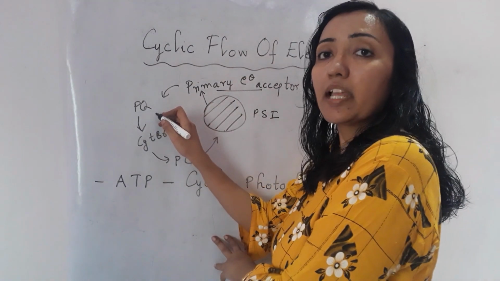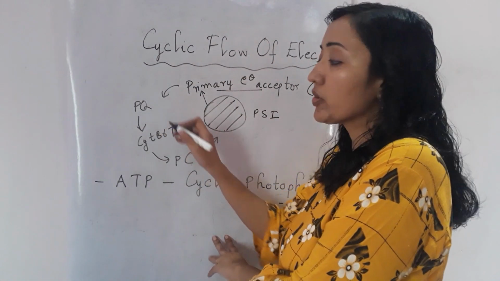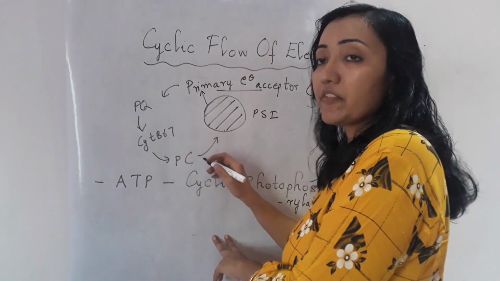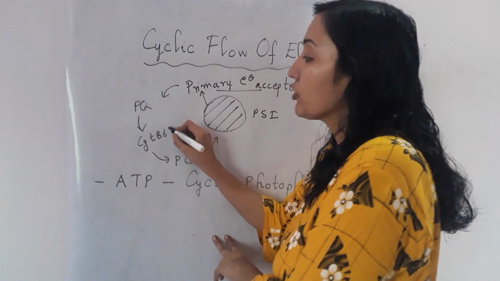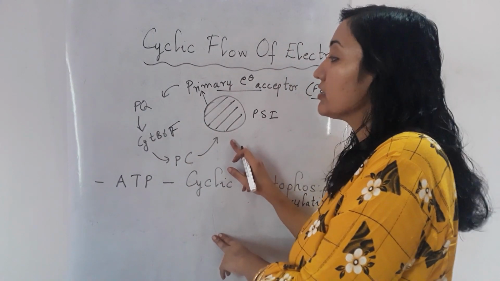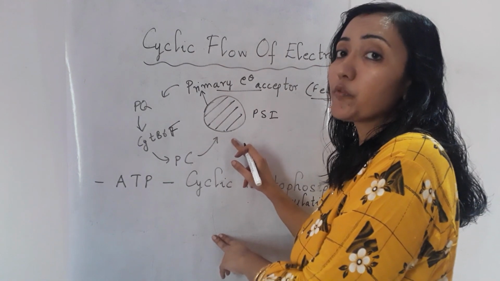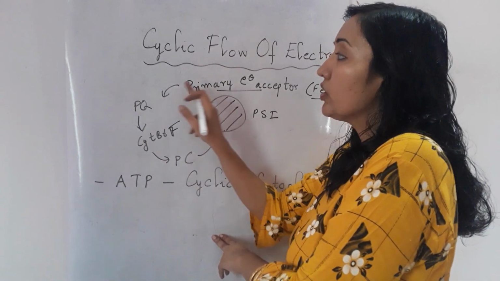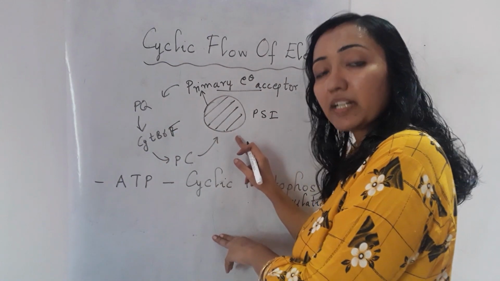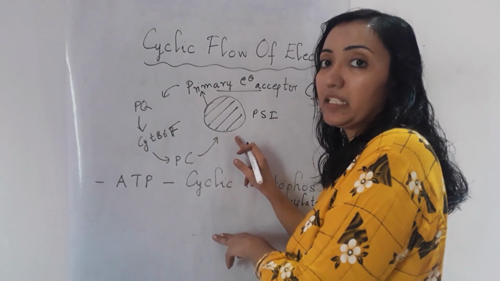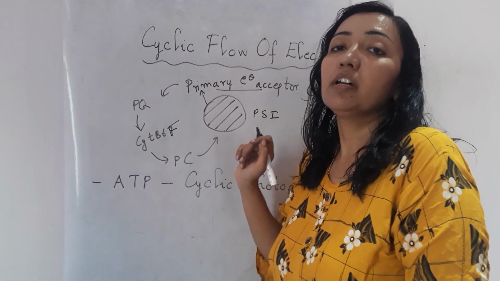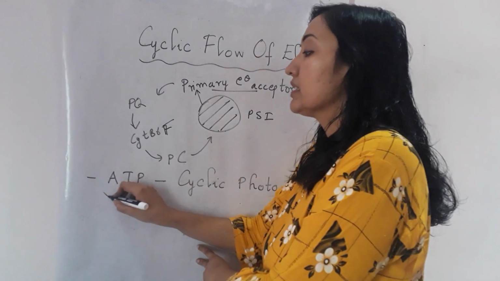The electron goes to the electron transport chain, that is plastoquinone, then to cytochrome B6F, and from here to plastocyanin, and from here it returns to photosystem 1. So after going through the electron transport chain, it comes back to photosystem 1 and synthesizes ATP. So this is known as the cyclic flow of electrons or cyclic photophosphorylation. Here ATP is synthesized.